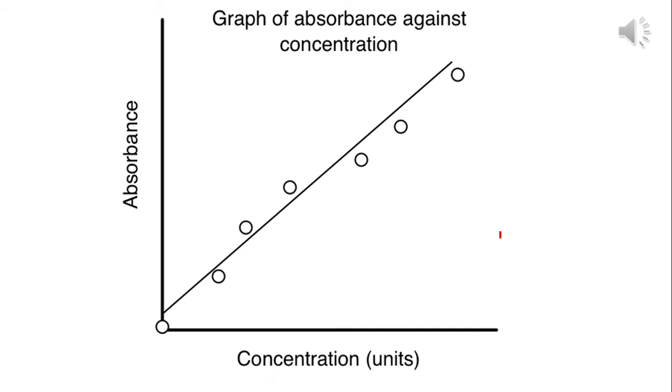As the concentration of solute in the solution increases, absorbance of light also increases. It is true whether we are using UV or visible or infrared radiation. And when we are using several standards to get a plot, the plot looks like this. Concentration is plotted on the x-axis and absorbance on the y-axis.